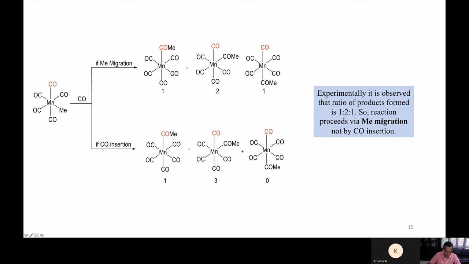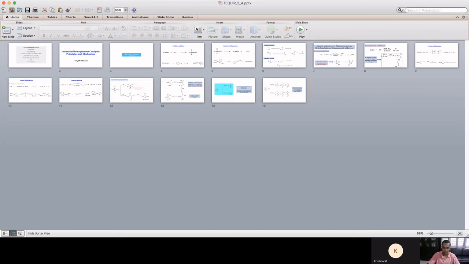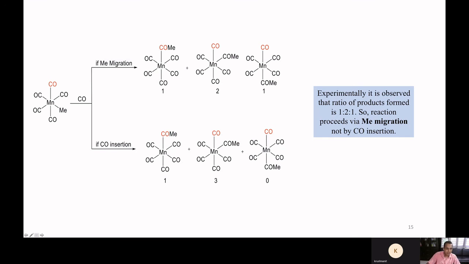This CO cannot insert because this is trans to the methyl. Right? It has to be maximum 90 degree to have this transfer. So if these 3 COs are inserting, it would give you exactly this complex, no matter which CO, this CO, that CO or that CO. So this is 3 equivalents of that going to be generated.